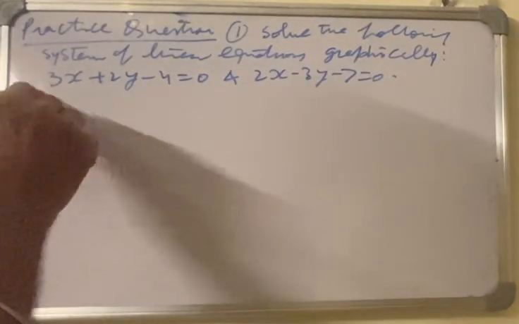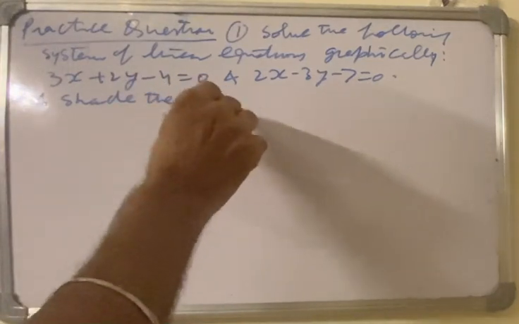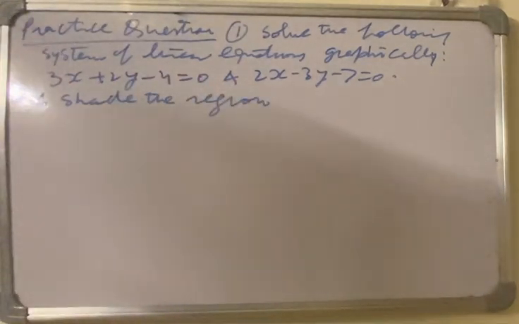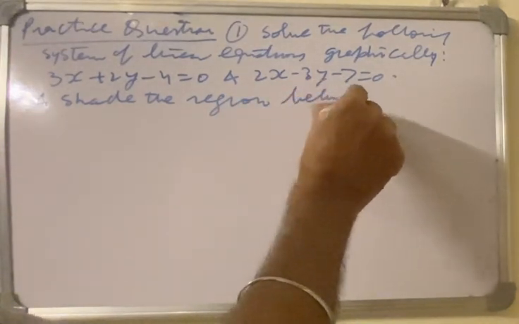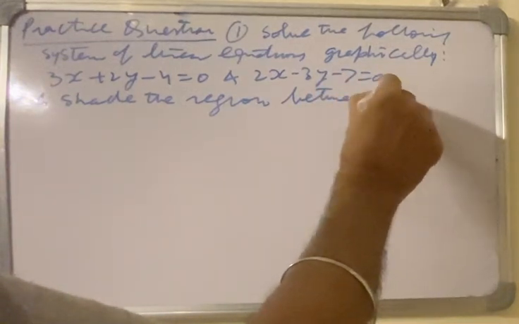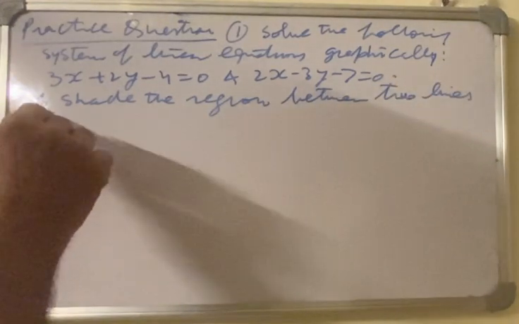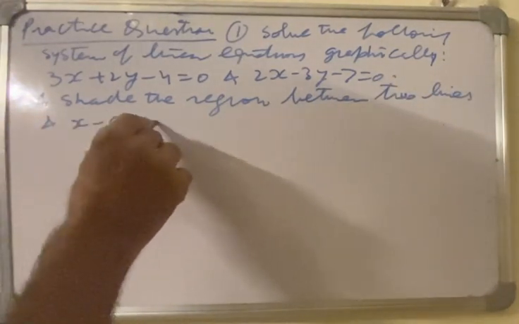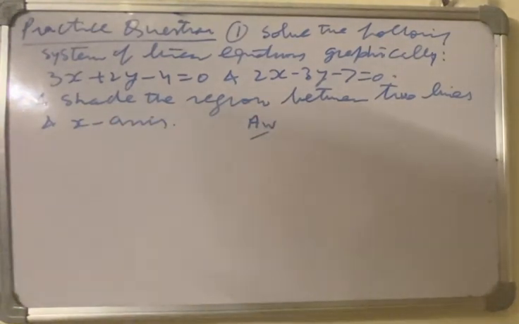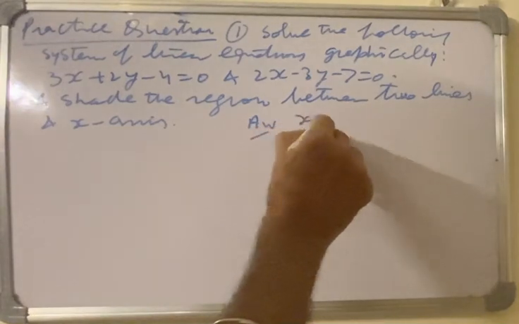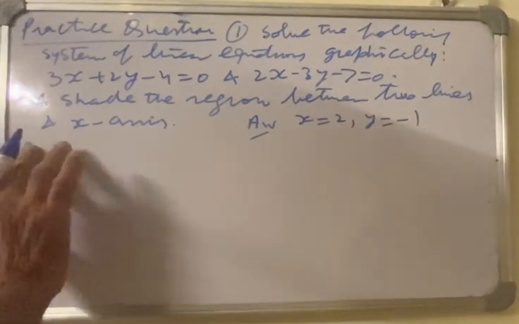And shade the region between two lines and x-axis. Its answer is x is equal to 2, y is equal to minus 1. You can check this.